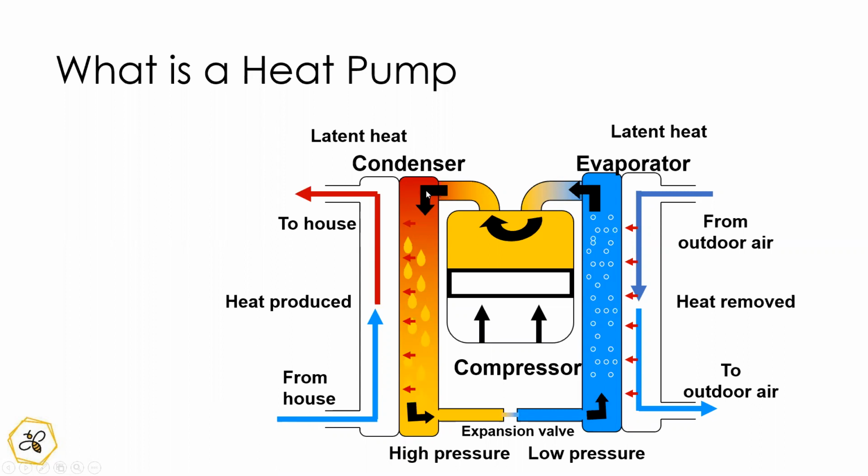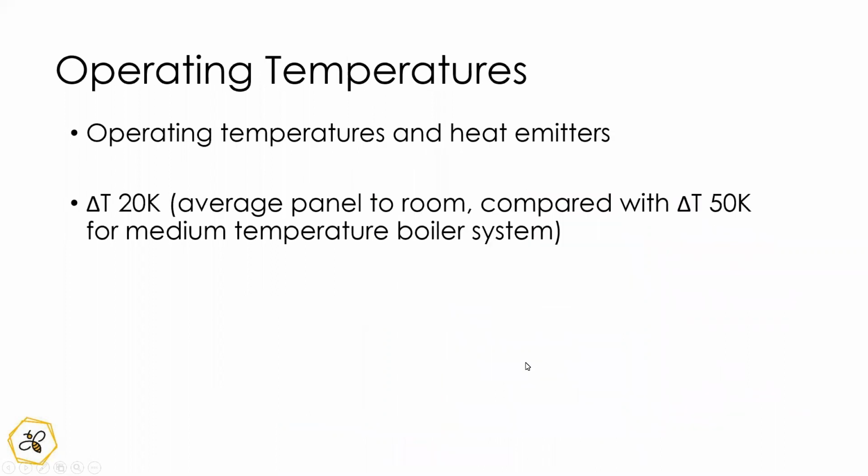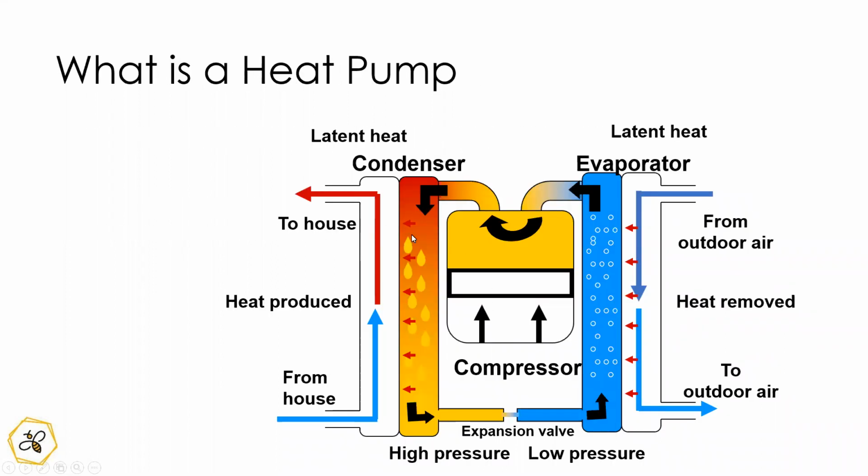It's picking up the heat from the condenser, and this is your fridge circuit here, and then your third circuit is basically your air circuit outside, or your ground loop, whichever you're using to extract heat from outside.